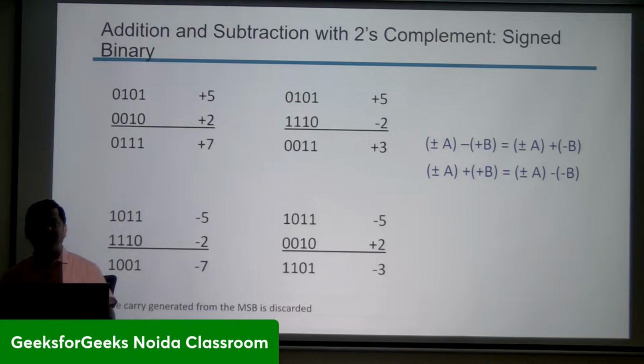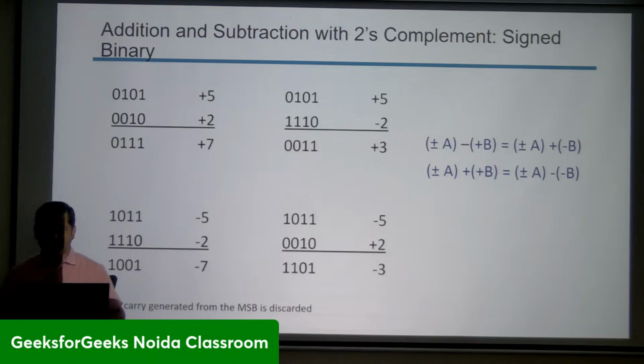Though it is subtraction, you have to simply add. Are you able to get my point? If it is a positive signed number, then simply apply the addition or subtraction, no need to care about the complement. If it is a negative number, in that case you have to find the 2's complement and add that 2's complement with the augend. You need not subtract because you have already included that sign in the binary number representation. So you need to simply add that particular value.